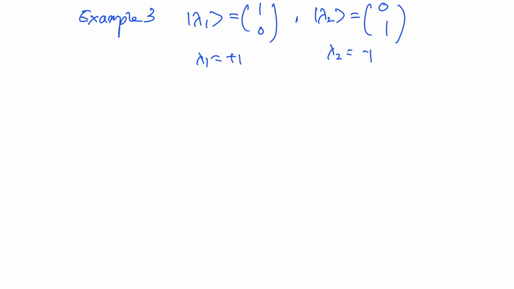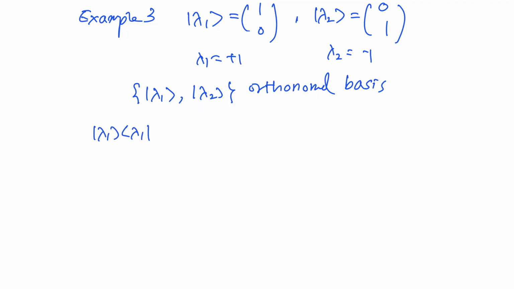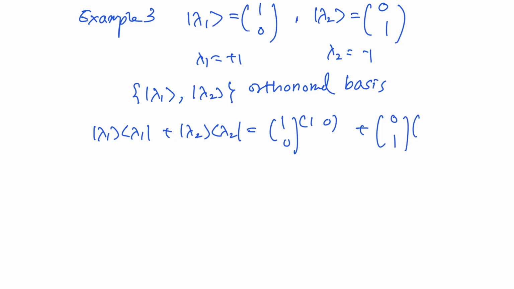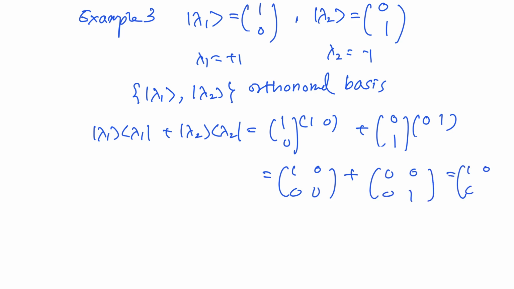Obviously, lambda 1 and lambda 2 are orthogonal to each other, right? So we don't have to show, but this shows that this is an orthonormal basis. So lambda 1, lambda 1 plus lambda 2, lambda 2 is 1, 0, 0, 0, plus 0, 0, 0, 1, right?